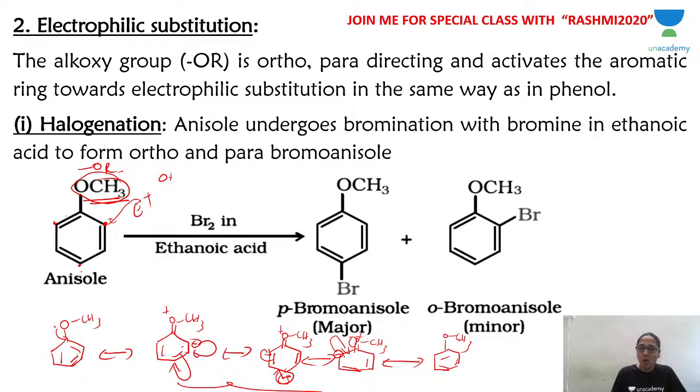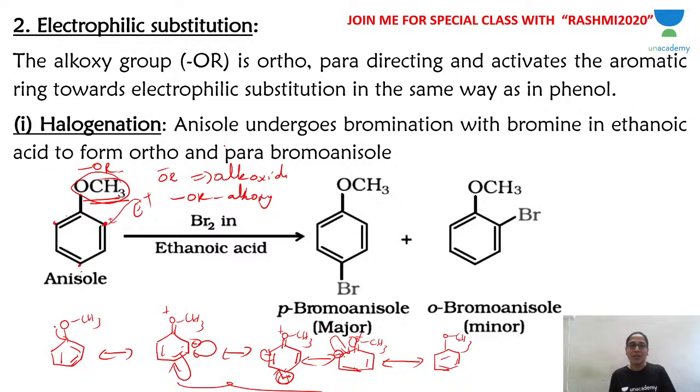OR minus is alkoxide, which carries charge. OR is the alkoxy group. So the alkoxy group directs the incoming electrophile to the ortho and para positions because it is ortho-para activating.